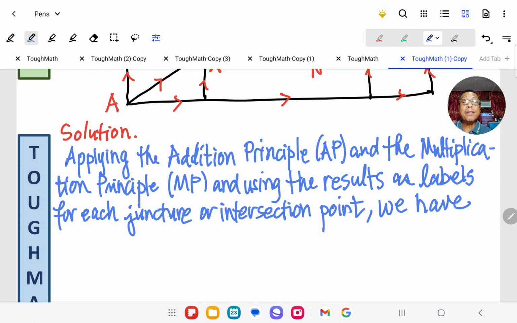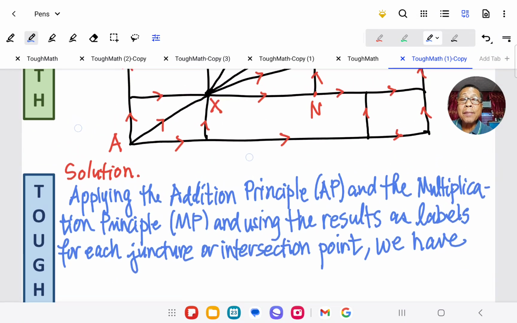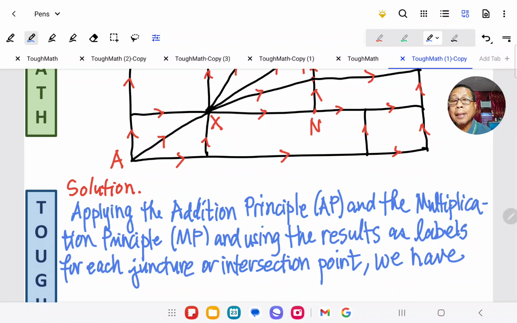Okay, so first we consider the number of ways from point A to point X. There are three ways. Either you go up first and then go right, or you go directly or diagonally from A to X, or you go to the right and then stop at this point here and then go up.